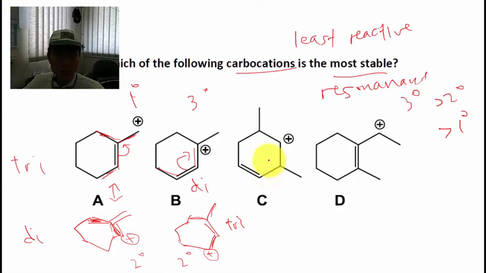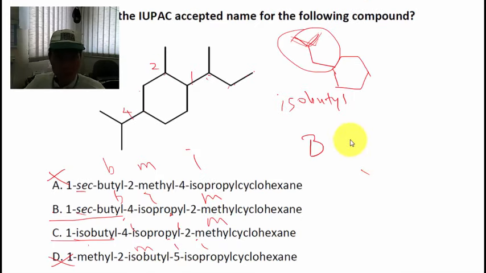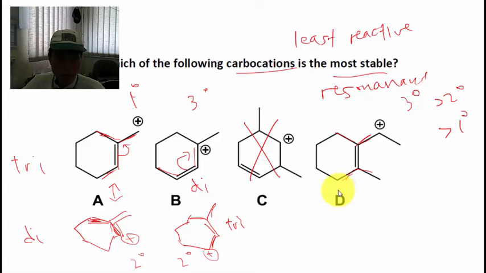For C, there isn't any resonance structure because I can't push. No pushing, so no resonance, just on its own. It's the worst. For D, this is a tetra-substituted alkene. Wow. Tetra. And this is a secondary carbocation.